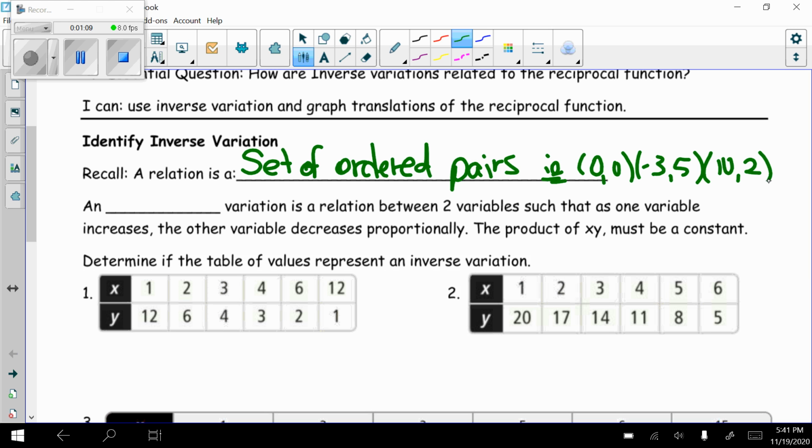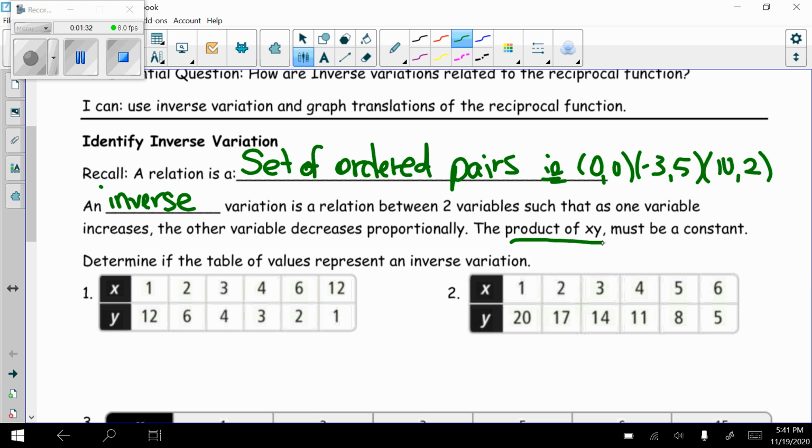That's a relation. An inverse variation is a relation between two variables such that as one variable increases, the other variable decreases proportionally. The product, so remember product means multiplication, of x times y must be a constant.